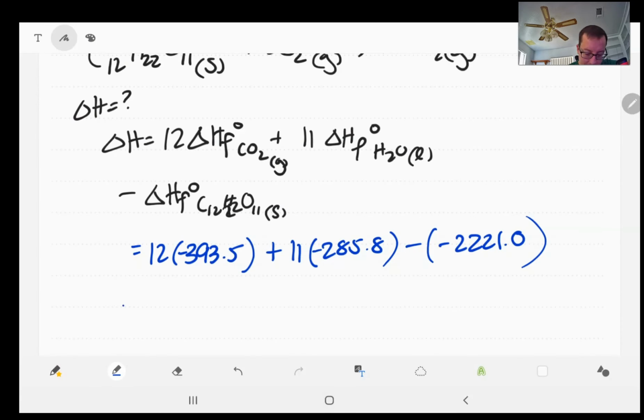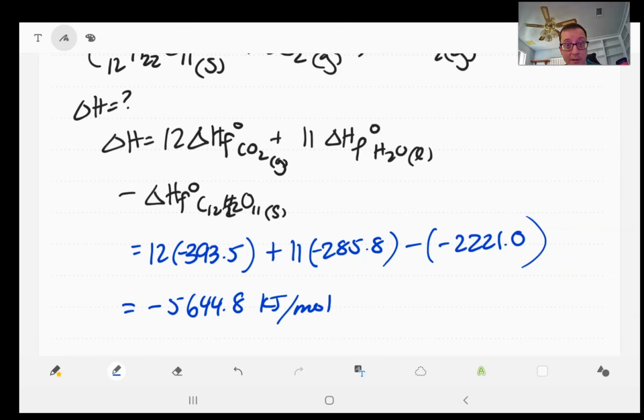Anyways, here we go. 12 times negative 393.5 plus 11 times negative 285.8 plus 2221 equals negative 5,644.8 kilojoules per mole. Very, very exothermic reaction.